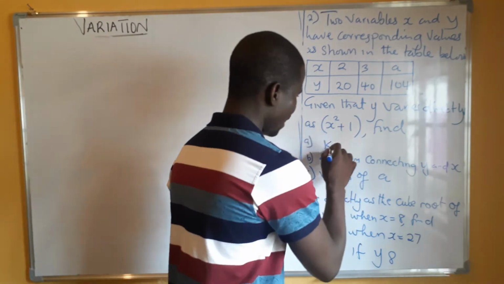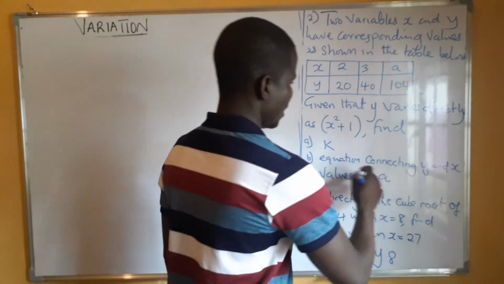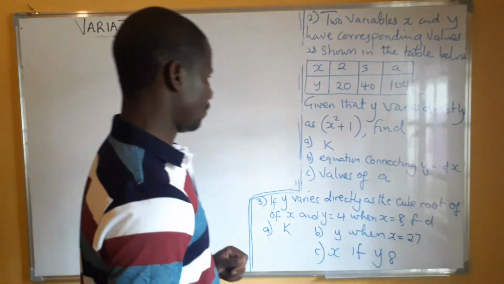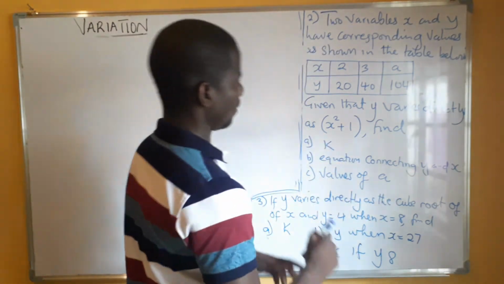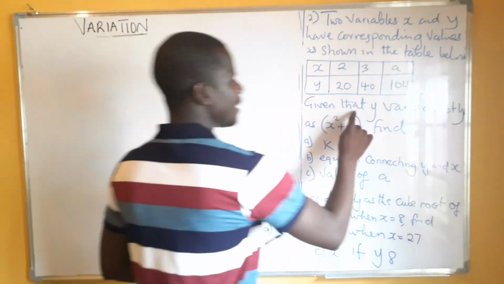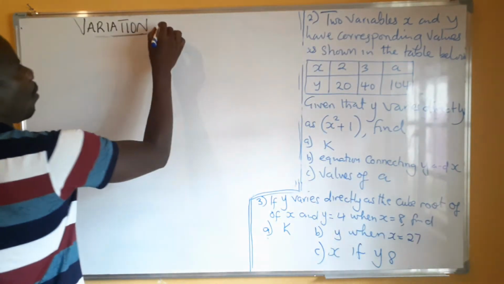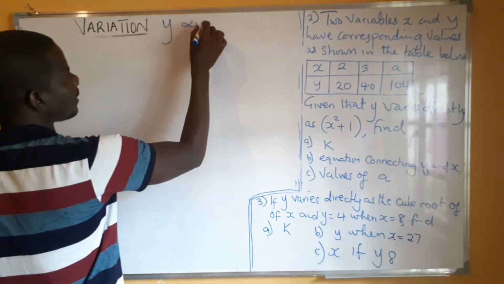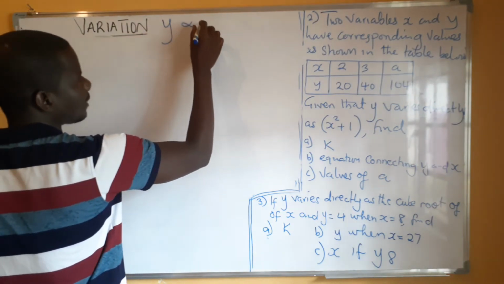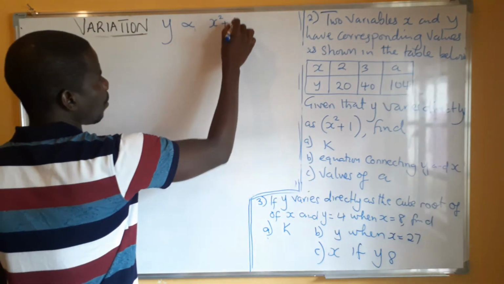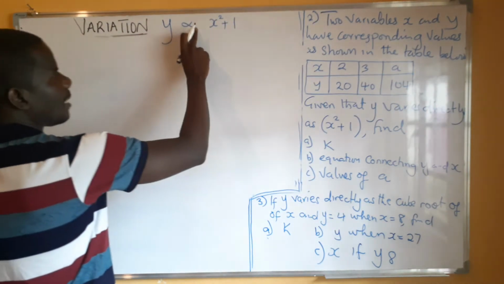find the value of k, the equation, and then the values of a. Given that y varies directly as x squared plus 1, this is the variation.